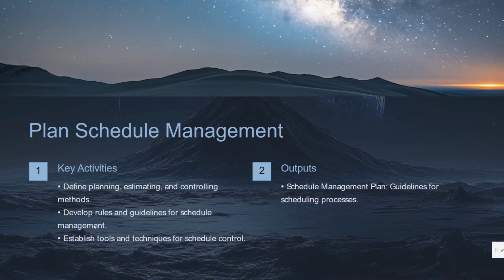And then we will establish the tools and techniques which we will use to manage and control the project schedule. Here we have the output. The output is the schedule management plan. This is the document that outlines the processes and criteria for scheduling the project, including tools, techniques, and methodologies for the scheduling.